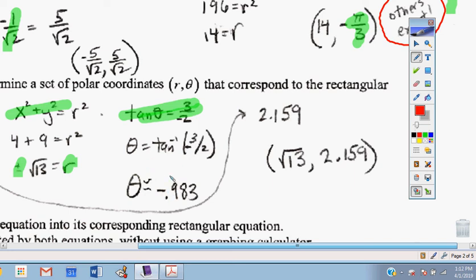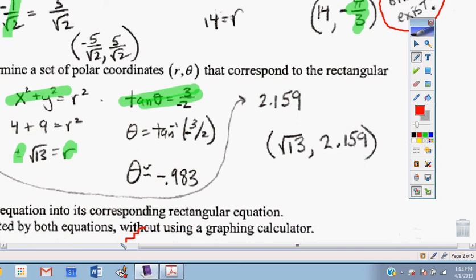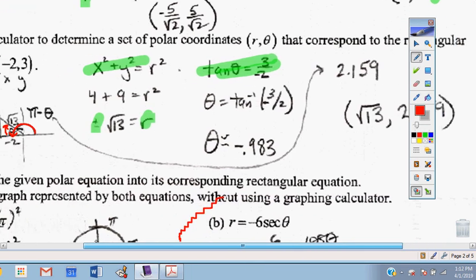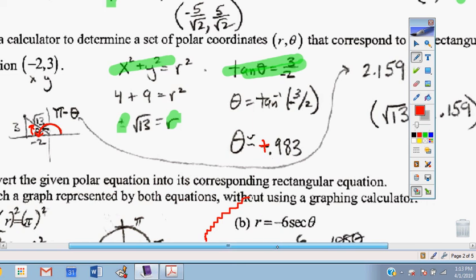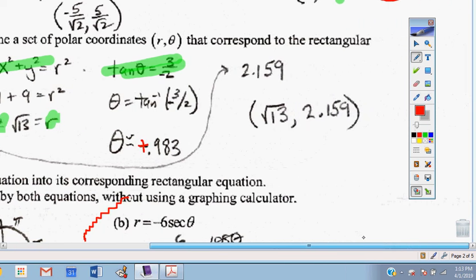I believe that should have been a, whoa, what was that? That should have been a positive there. Yeah, so this one should have been a positive right there because pi minus, yeah, that would be 2.159. So I don't know what I did there in my work, but this will come out to a positive 0.983.